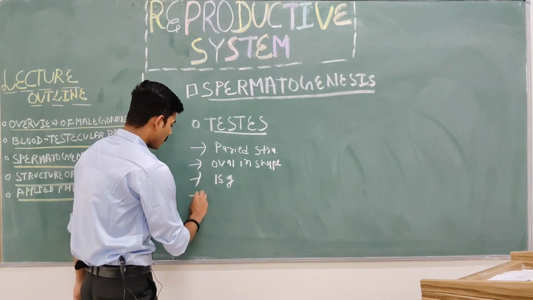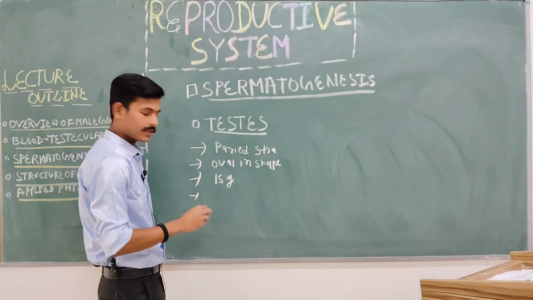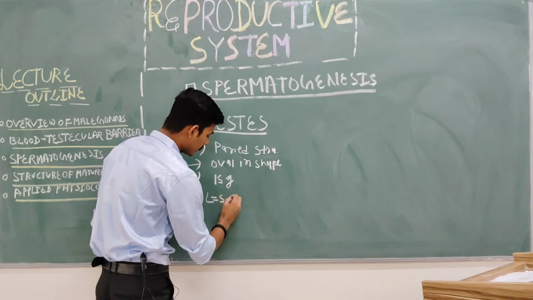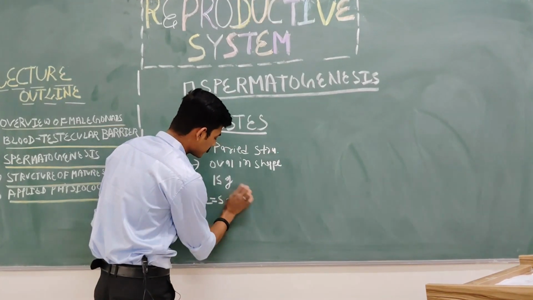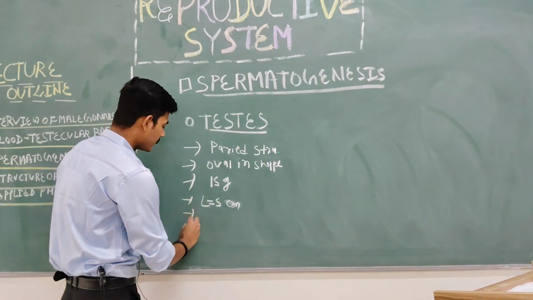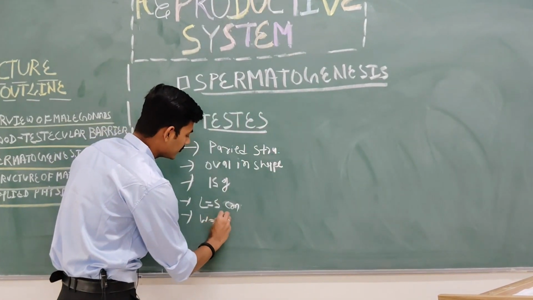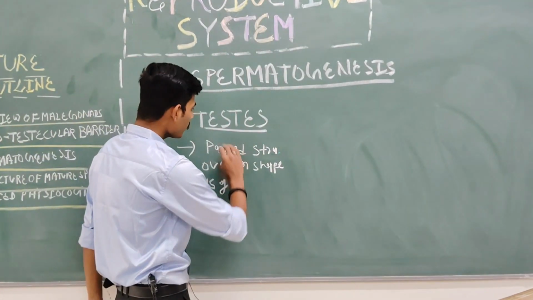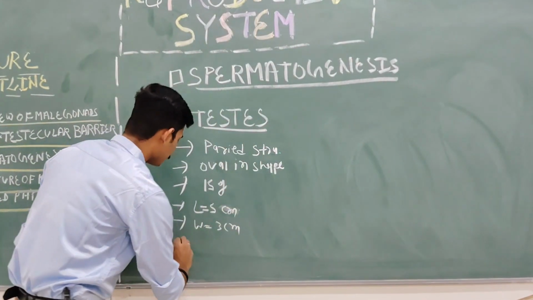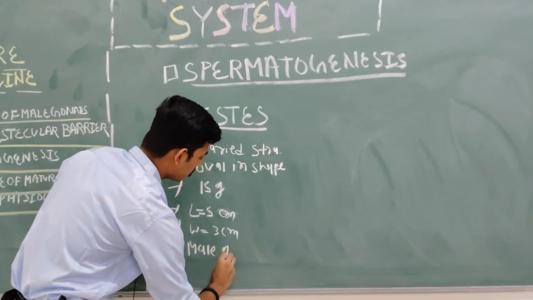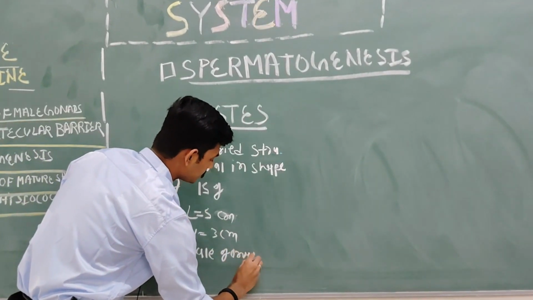Now about their dimensions: their length is 5 centimeter, and their width is 3 centimeter. Understood? Now the testis is a male gonad. Put a star mark on it. It's a male gonad.